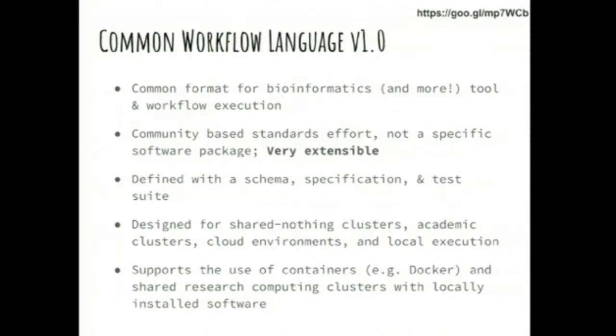We ran this as a community-based standards effort. It's very extensible. We give a formalized schema and specification for the platform so that they can ensure that they're meeting the compatibility. And we've really designed for a variety of computing environments. So lots of people like cloud stuff, great. Lots of people don't. Lots of people use their laptop or an academic computing grid.